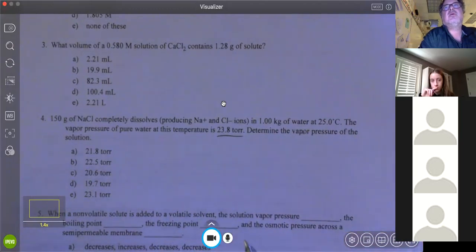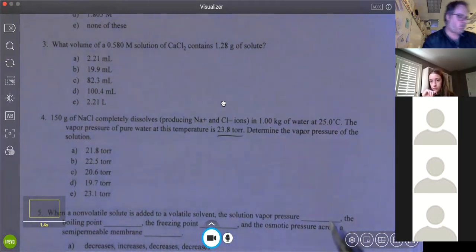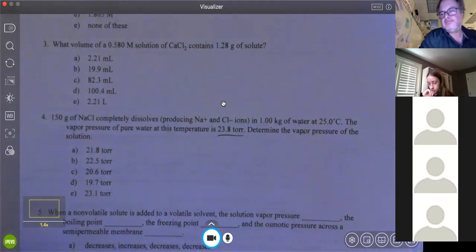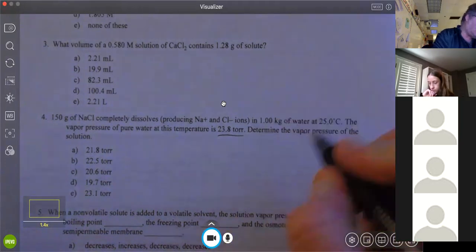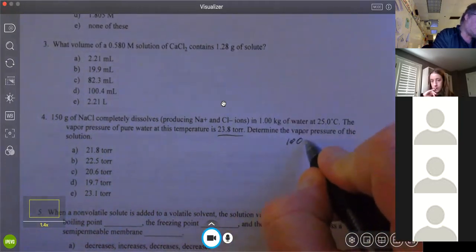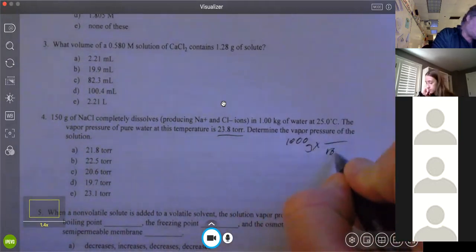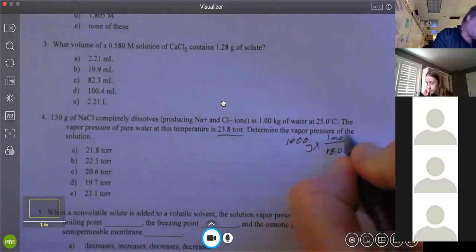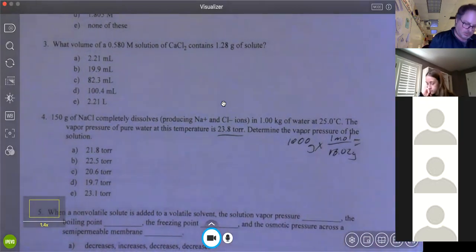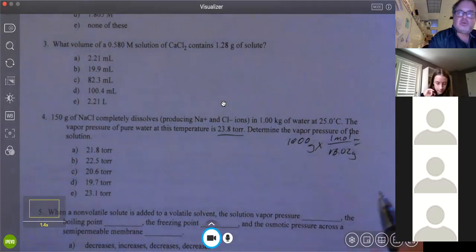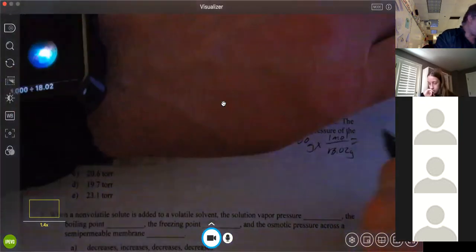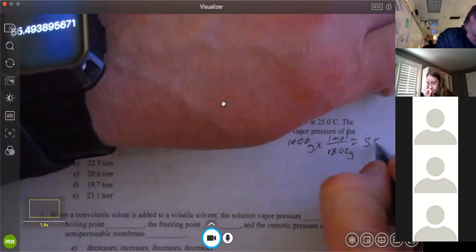So the first thing we want to do is change from kilograms of water to moles of water. So that's 1,000 grams in 1 kilogram. Every 18.02 grams is 1 mole. 1,000 divided by 18.02, the answer is about 55.4938.